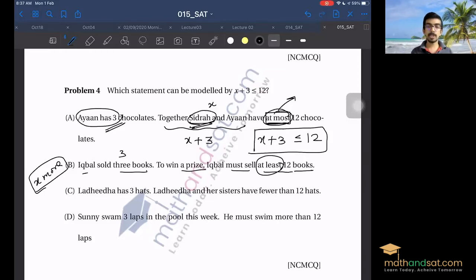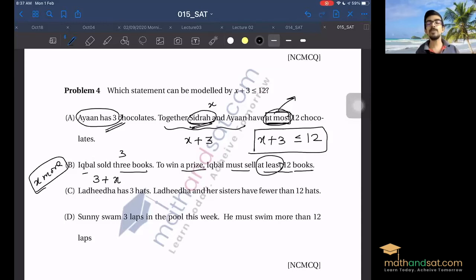So in this case, already I have sold 3 books, I'm going to sell a further X books, and this should be a minimum of 12 books. So it can be 12 or more.